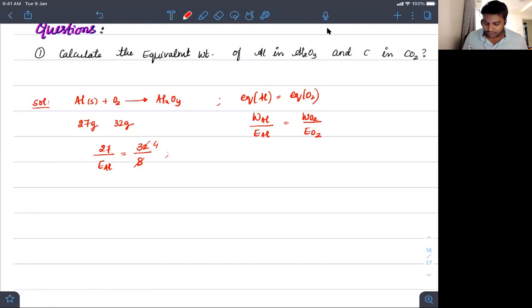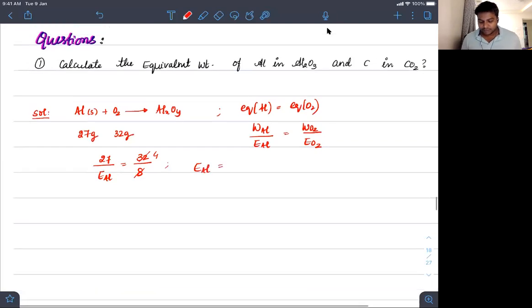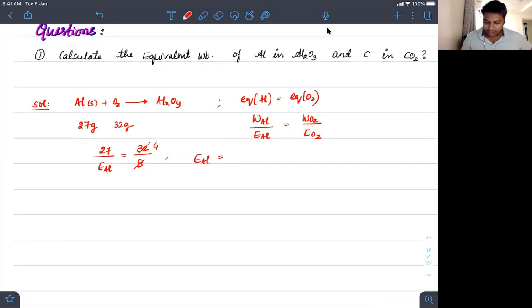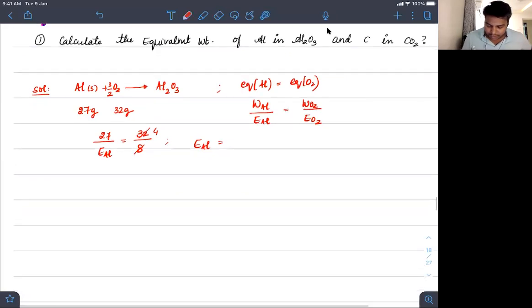So equivalent weight of aluminium will be equal to, oh sorry, I messed up here. We have to balance this also, right? So this will become 3 by 2. Because when I'm taking the known amount, I should know what the product formed is. If the information is already given, then I don't have to worry about it. So this has to be 3 by 2.